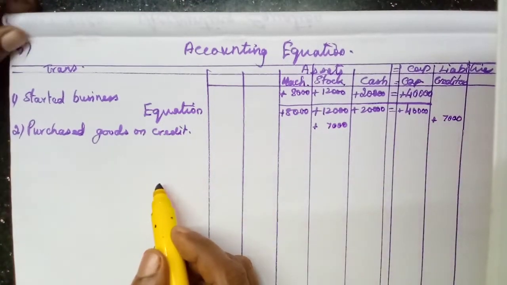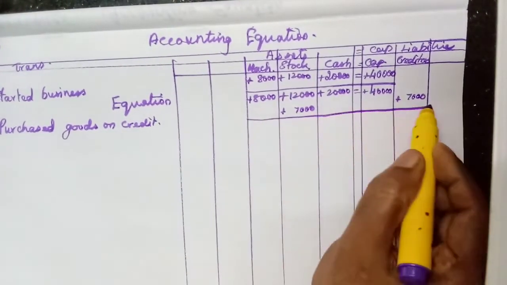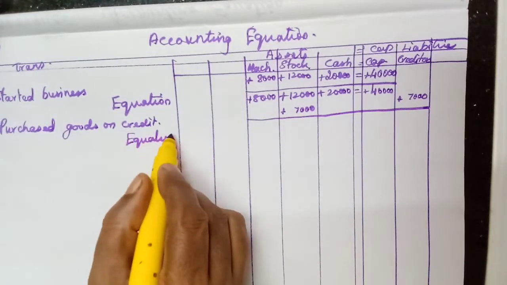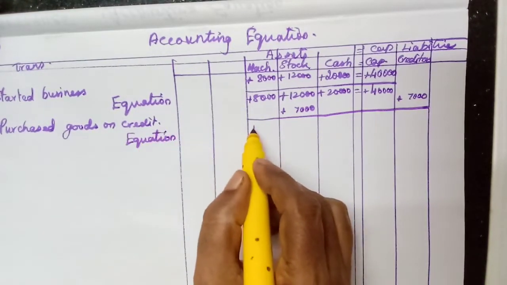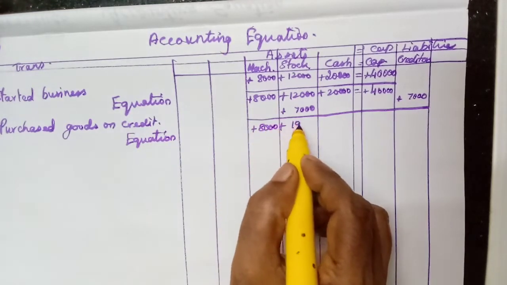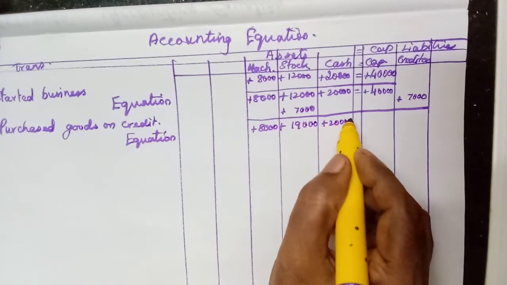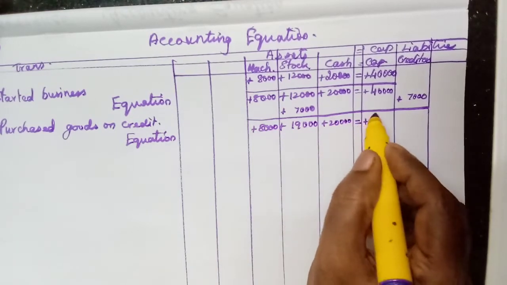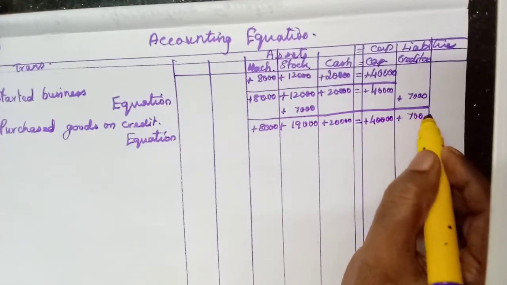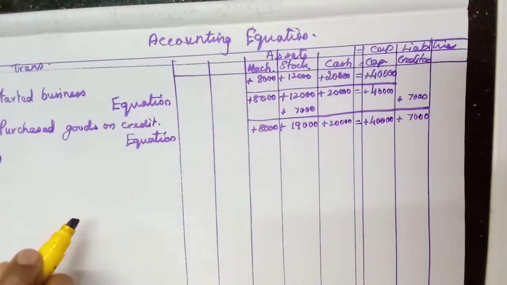Now we have to draw a line and write the equation. Plus 8,000 plus 19,000 plus 20,000 equal to plus 40,000 plus 7,000.